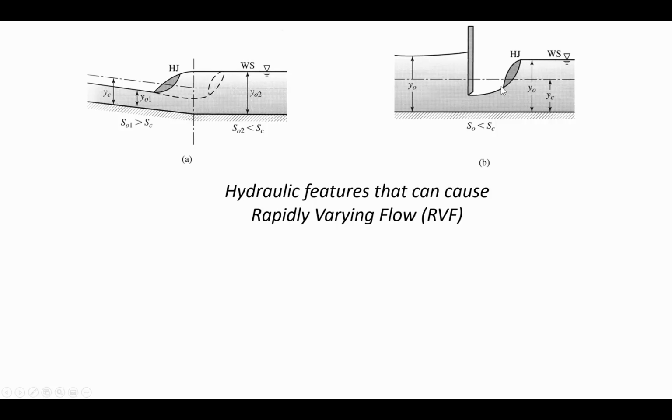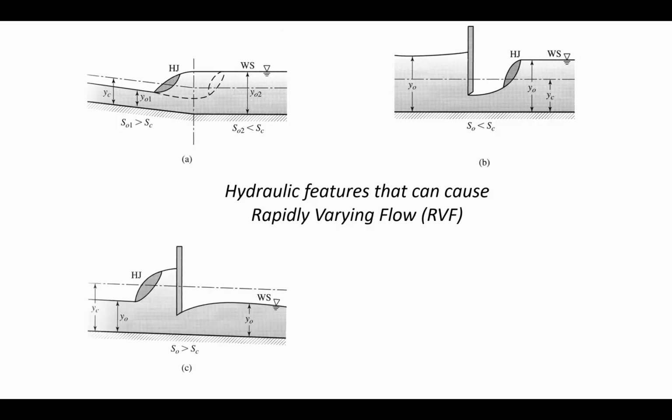So we need equations that can tell us what this new downstream depth is going to be after a hydraulic jump. And that's what we're going to learn through the momentum analysis: how to predict, when there is a hydraulic jump, what the depths associated with it would be.